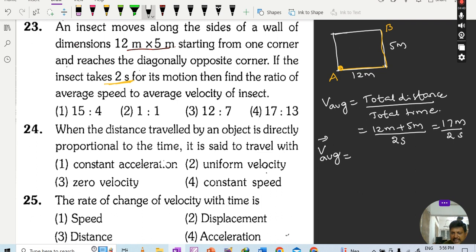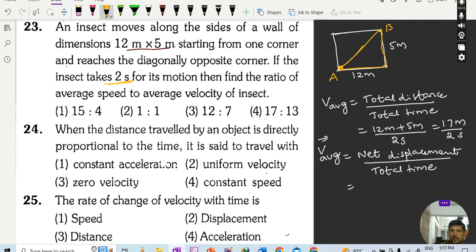Then calculate average velocity. Average velocity is equal to net displacement by total time taken. Net displacement means, my dear children, A is the initial position, B is the final position. Displacement means the shortest distance between initial position and final position. So calculate this shortest distance.